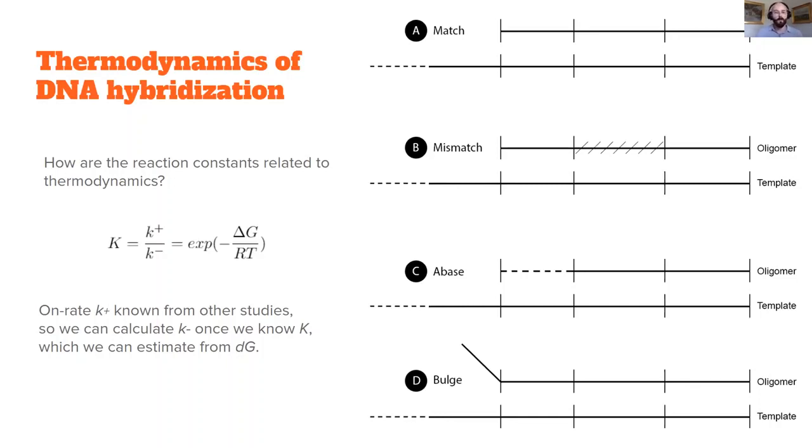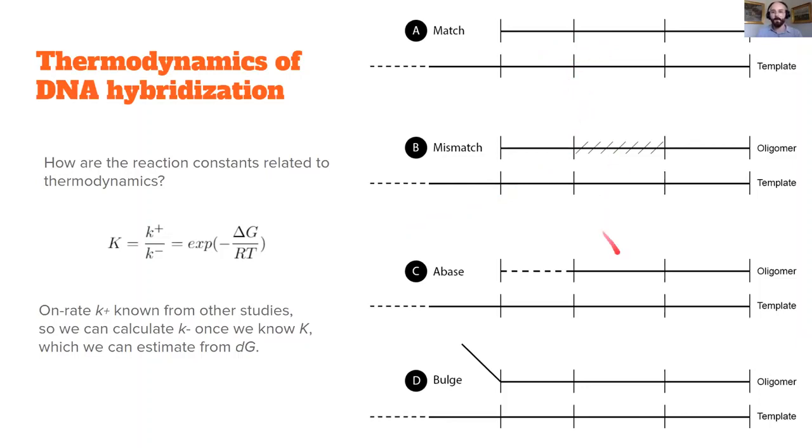So we're interested in the off rate here, and we could calculate the off rate if we know the change in Gibbs free energy. And the change in Gibbs free energy is something we could calculate. And on the right-hand side, we have the three types of components that we could introduce. Up here we have the match, which is quite stabilizing.